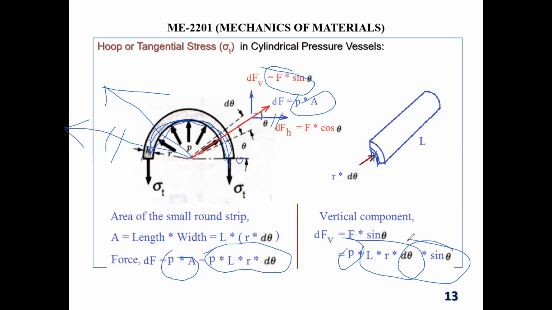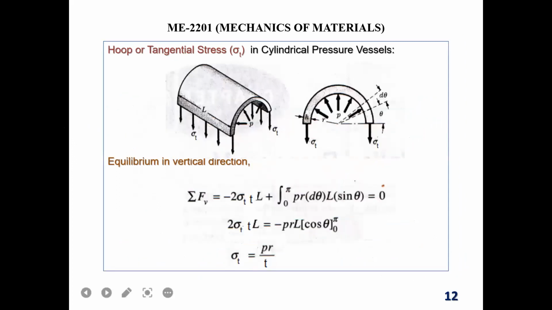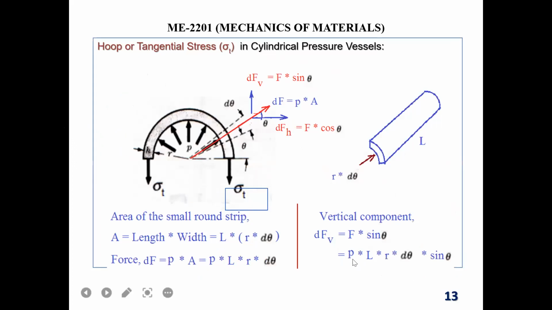That is the force working in the vertical direction. The vertical force working downward, that I already showed you in the previous slide, right over here. This one. You see that PR sin theta L dl, that one right over here, P L R d theta sin theta.